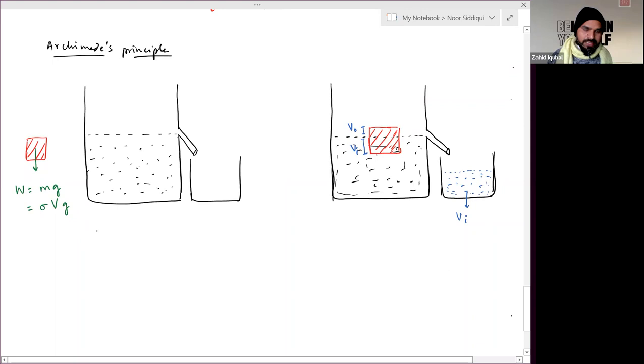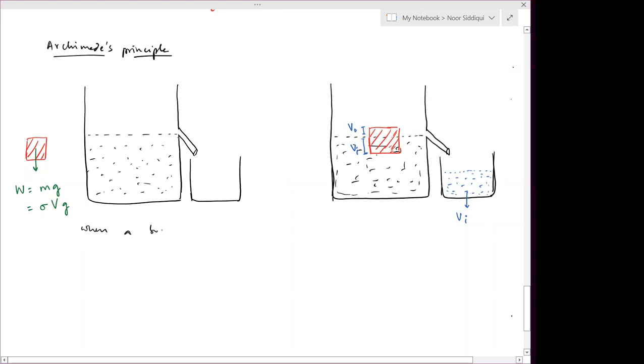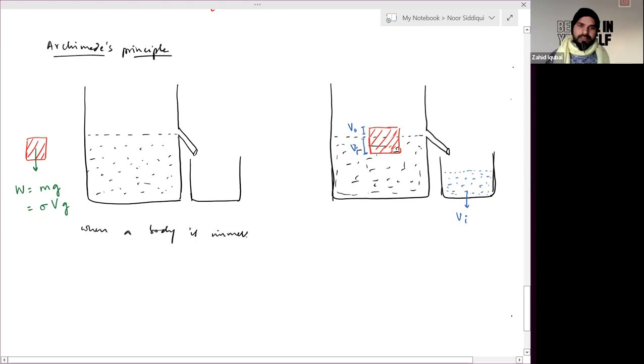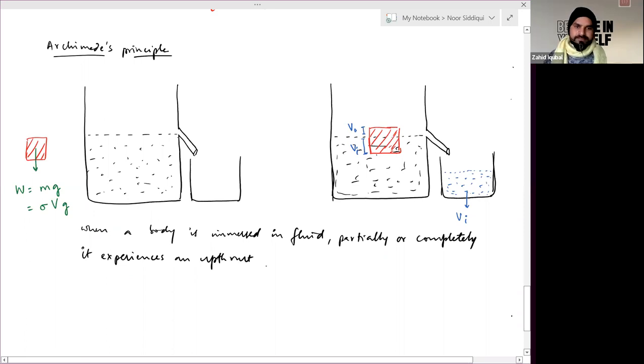Okay, so let me define this. When a body is immersed in fluid, partially or completely, it experiences an upthrust, which is equal to the weight of liquid displaced by the body.